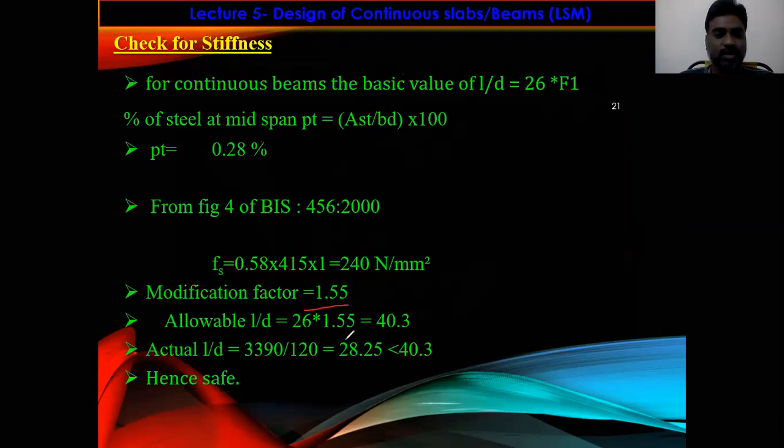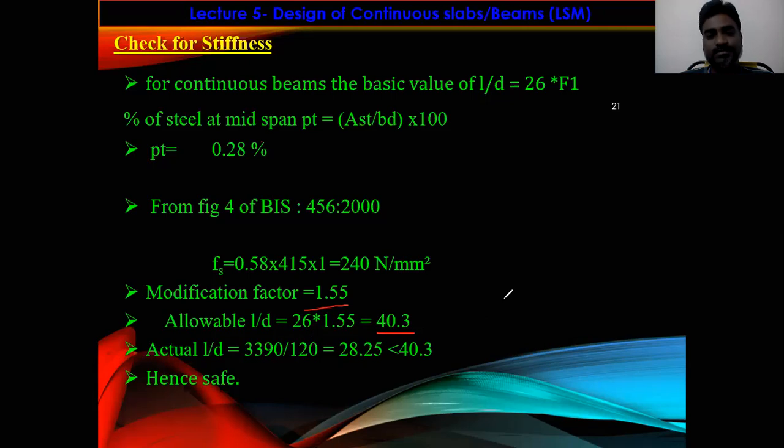So therefore, the allowable value for L effective by D ratio is 40.3, and the actual L effective by D is 3,390 by 120. You will get 28.25, which is less than the allowable value.